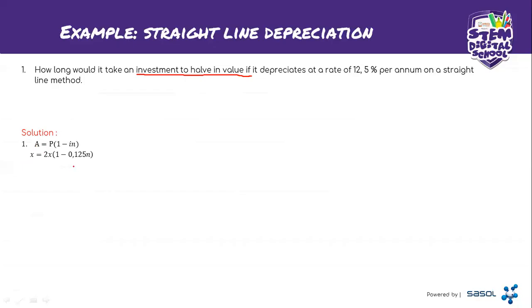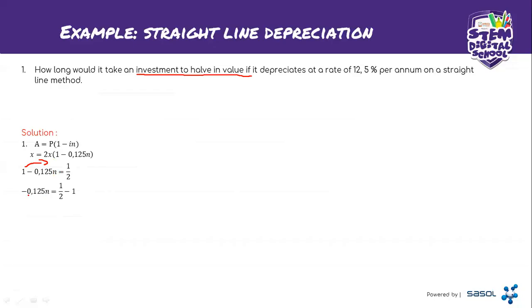Now let's proceed. After you have substituted down, remember we are calculating for n there, and then we are going to divide both sides by what? We're going to divide with 2x, then we're going to obtain what? 1/2. And then the third step, you're going to transpose this positive 1 to the right hand side because we are calculating for n, and then this is what we're going to have.